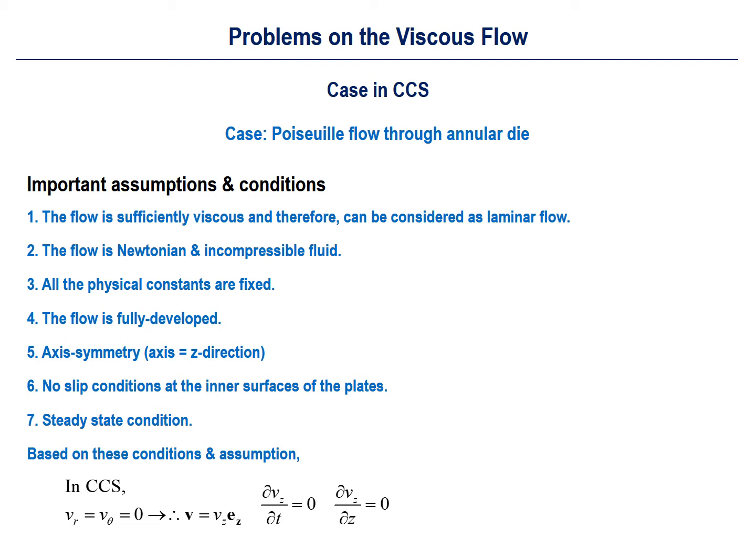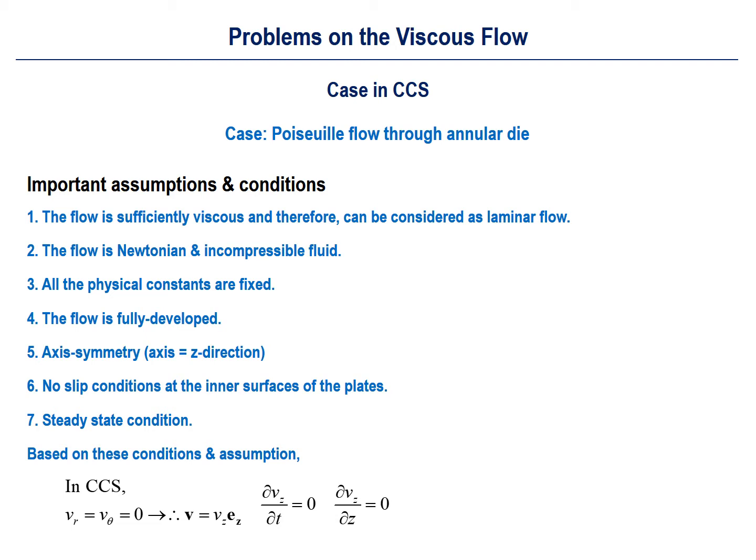The third one is that all the physical properties are fixed. The fourth one is that the flow is fully developed, and I explained what this means in the previous part. Therefore, there will be no dependence of the velocity component in the z direction on z. It means that there will be no differences for the different positions along the z direction.